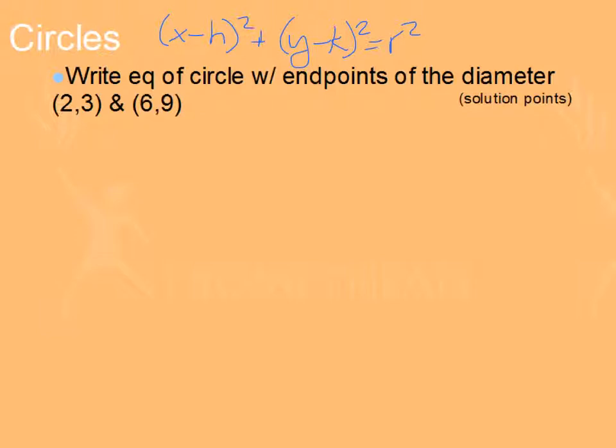So it says, write the equation of a circle with endpoints of the diameter 2, 3, so over 2, up 3, somewhere like right there-ish, and 6, 9, somewhere up there-ish. Those are the endpoints of the diameter. So my diameter would look like this, which means my circle looks something like this, I guess.